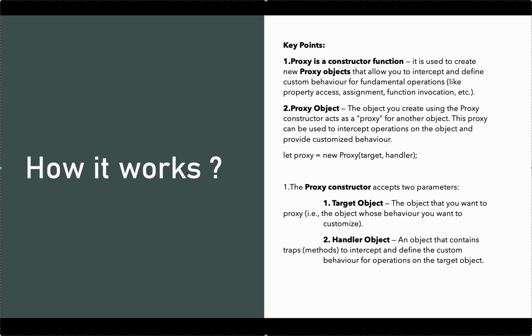One is the target object, the main object where you want to customize the property and the changes. And the handler is nothing but an object which will provide those features like get and set, those trap methods.